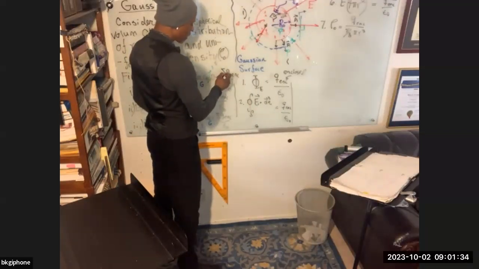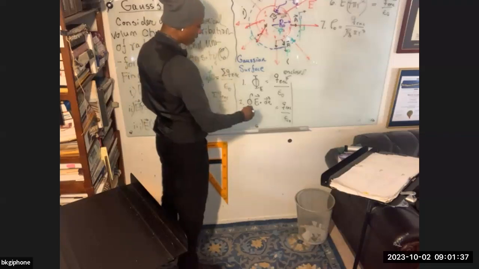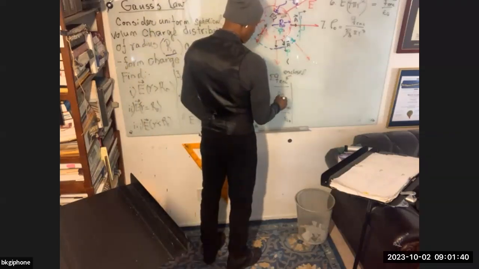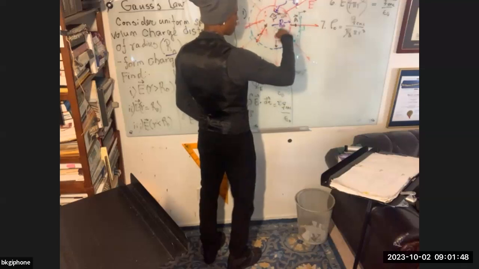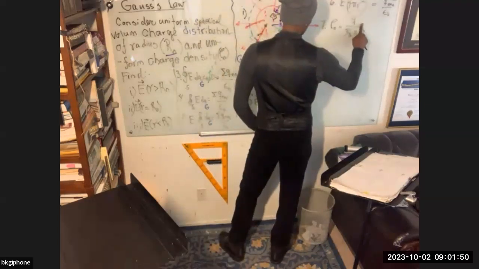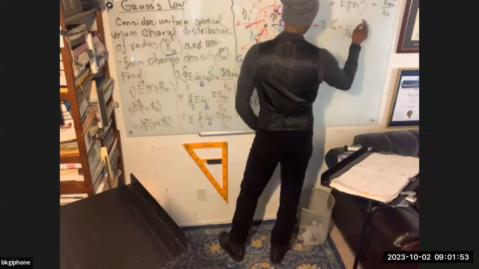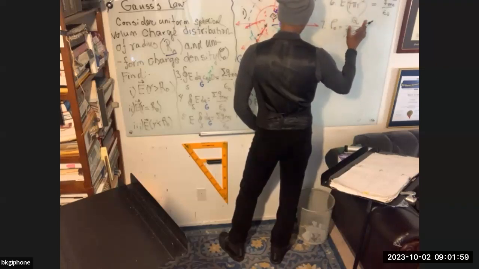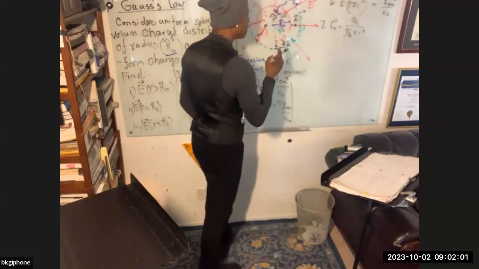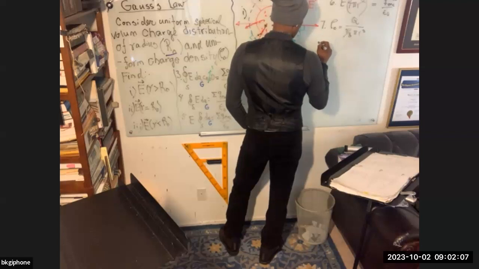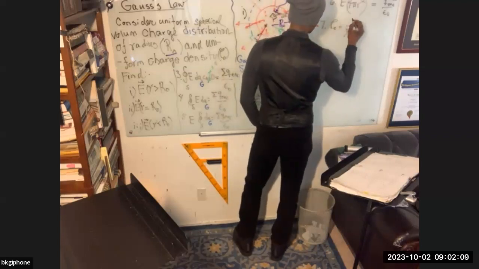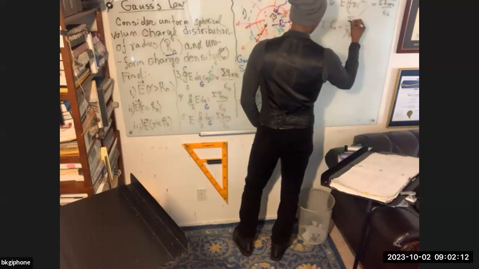Well, I'm going to keep that just as a formulaic kind of definition. But then the charge enclosed is just the total charge on the thing. So I'm going to put a capital Q. Actually, let's do it like this: total charge enclosed.